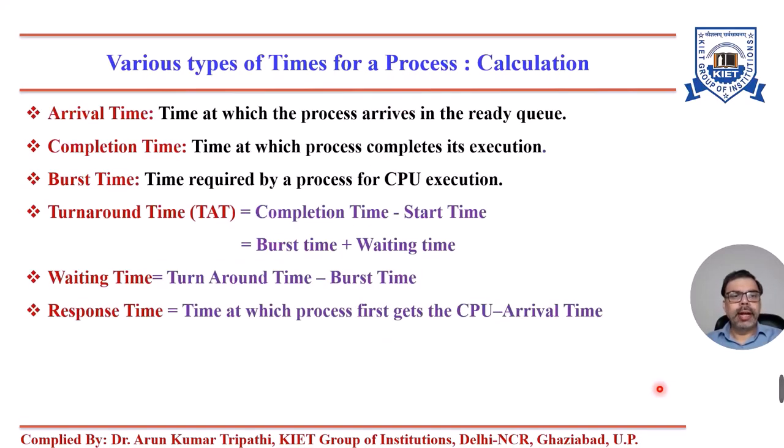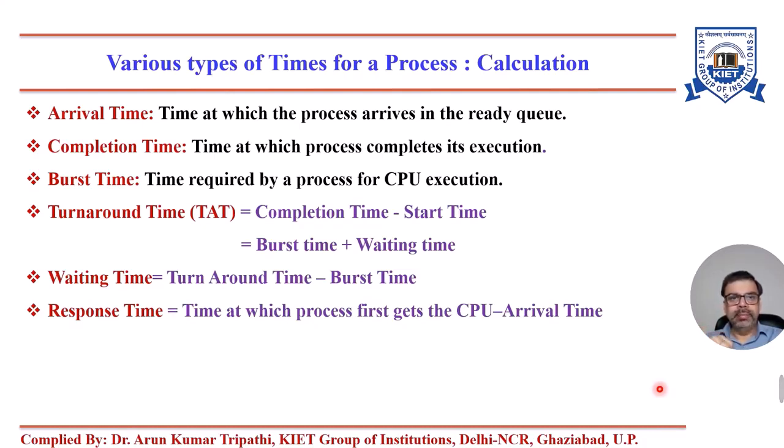So first one is the arrival time. It is the time when a process comes in the ready queue from the secondary pool, meaning the hard disk. Completion time is when a process completes its execution. It is also known as the exit time.